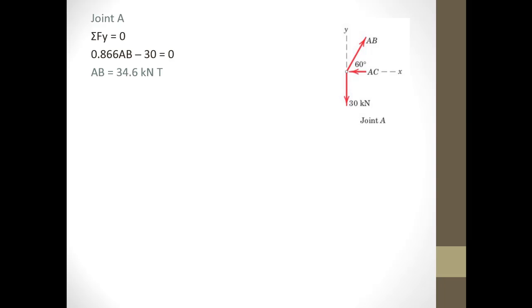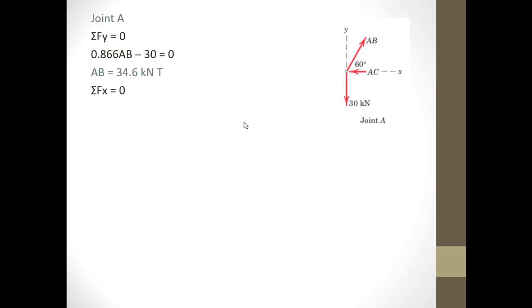AB is equal to 34.6 kilonewton, and it's in tension because I assumed it's in tension, and the answer isn't minus, so what I assumed is correct.